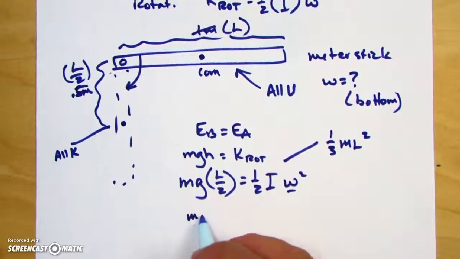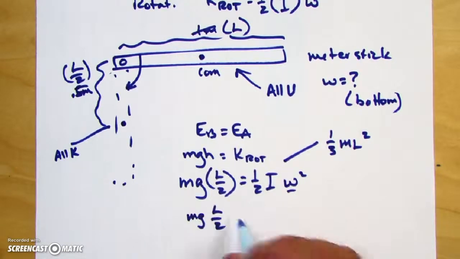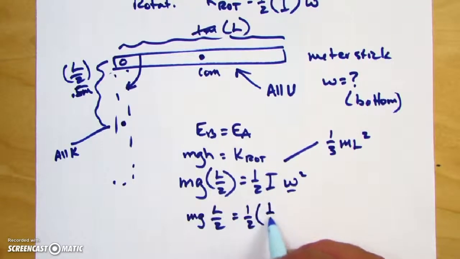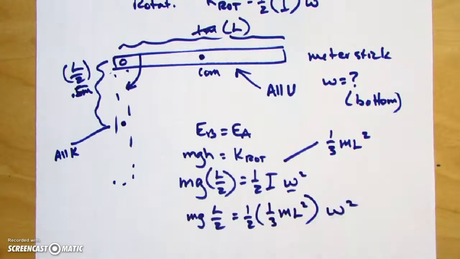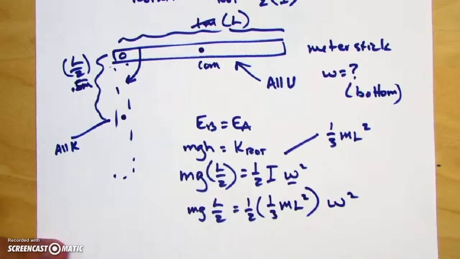So let's go through. Again, we're trying to calculate omega. So mg L over 2 is equal to 1/2 times 1/3 mL squared times omega squared. I can get rid of the m's like that. I can get rid of one of my L's, but can't get rid of both of them. So let's slow down a little bit.